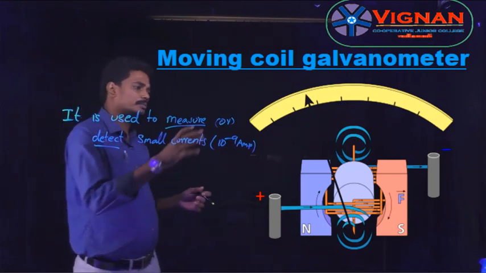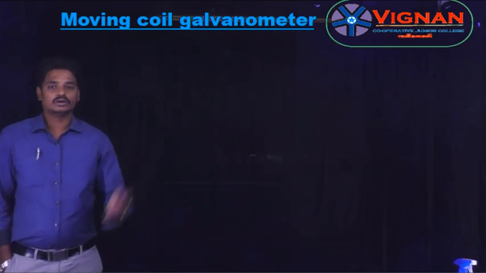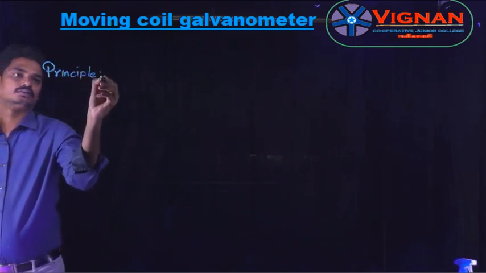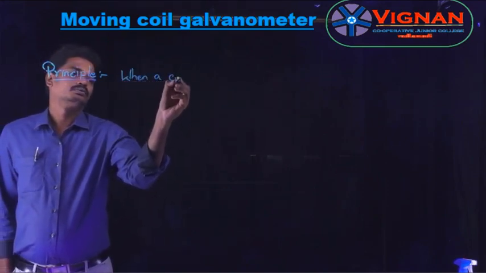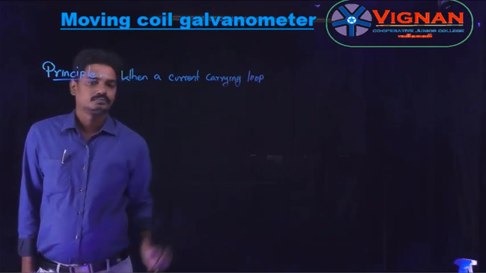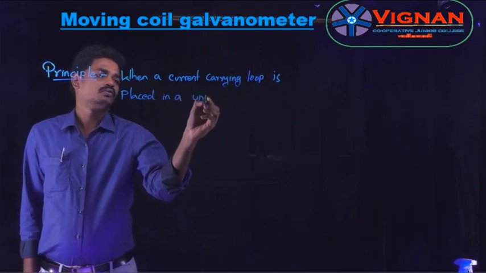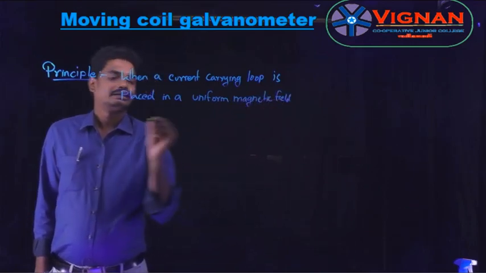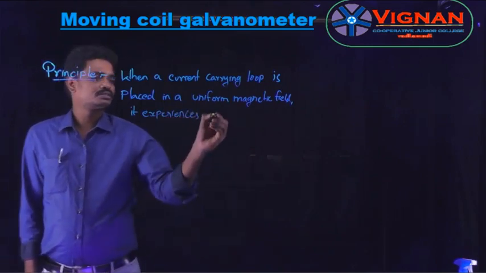So let us now study the principle regarding this moving coil galvanometer and its construction. The basic principle of moving coil galvanometer is, when a current carrying loop is placed in a uniform magnetic field, it experiences some torque.